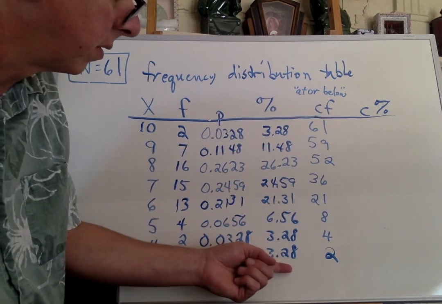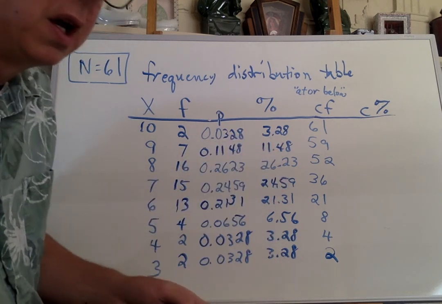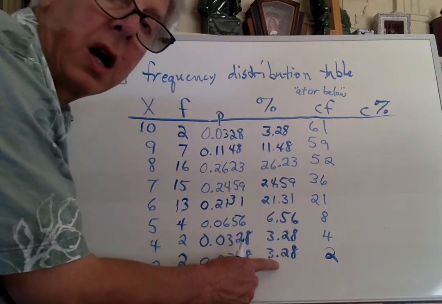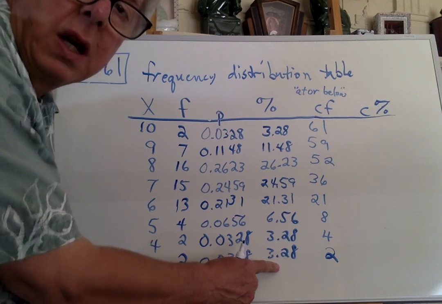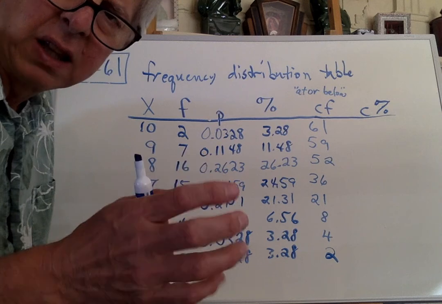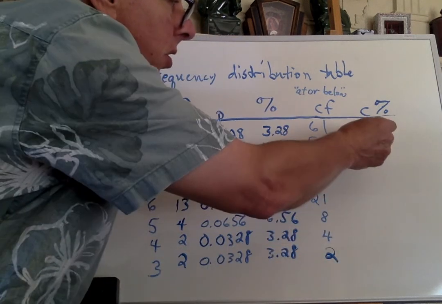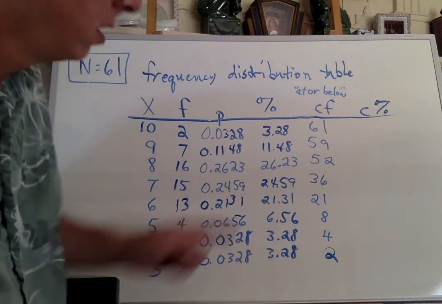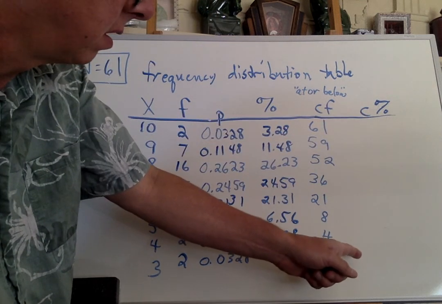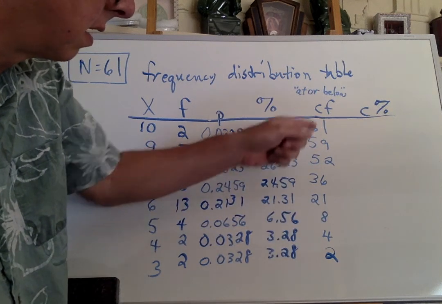We could do it for percentages, just start adding these together. The problem is these are rounded values, and whenever you round a number, it creates a little bit of error, right? So we're going to key our cumulative percentage from these numbers. Okay, we're going to use these numbers.